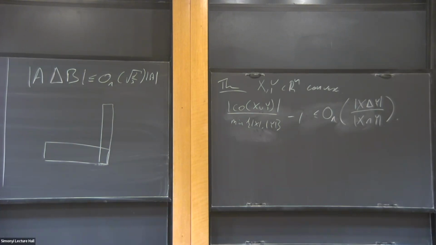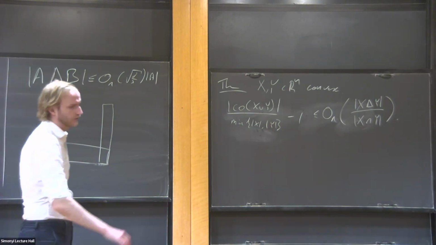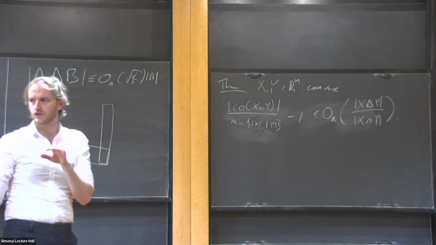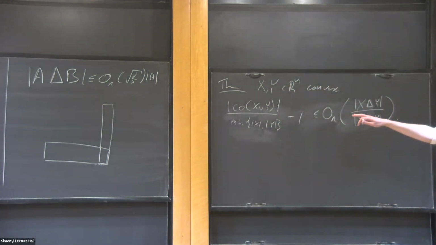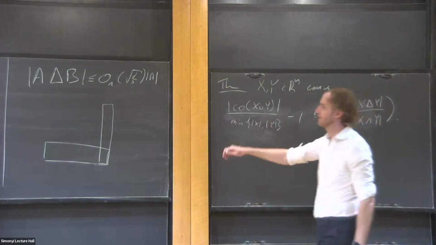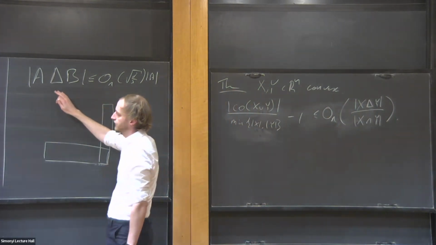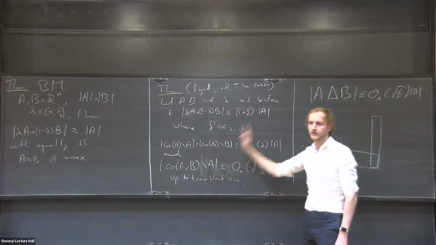So that's why you have this normalization. But in a way that regime is relatively easy to prove. So let's focus on the regime that we're working in, which we're going to use to say that this object here is bounded by the symmetric difference.